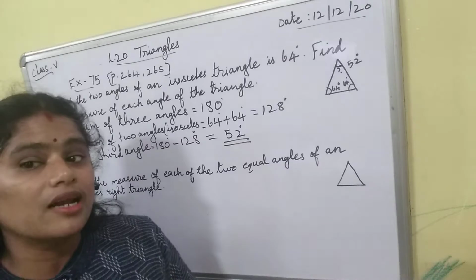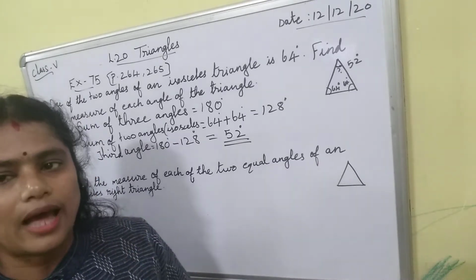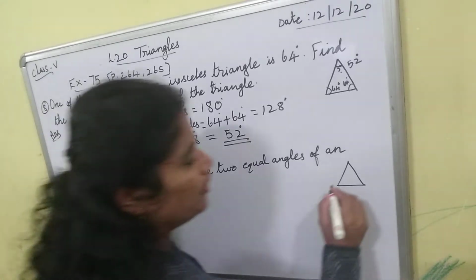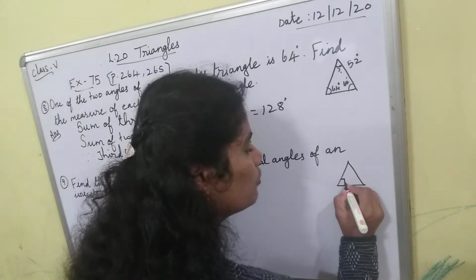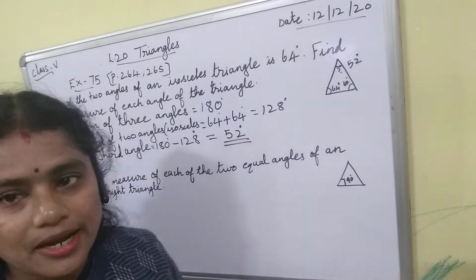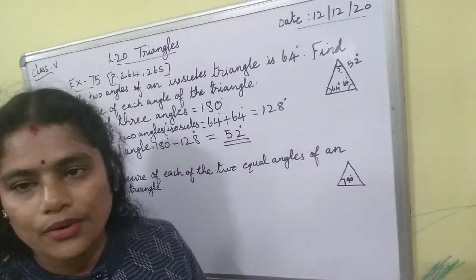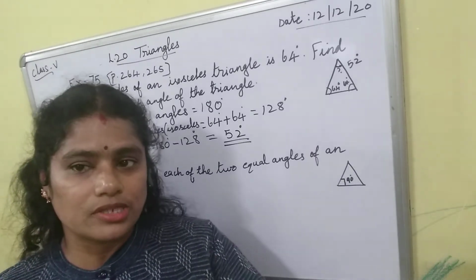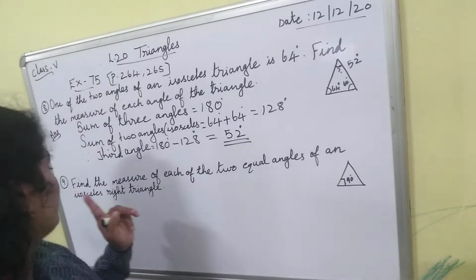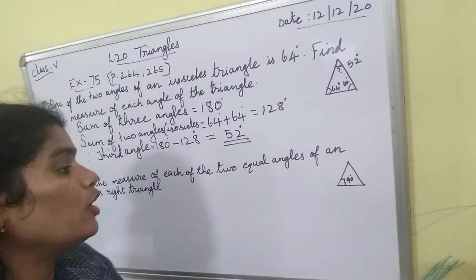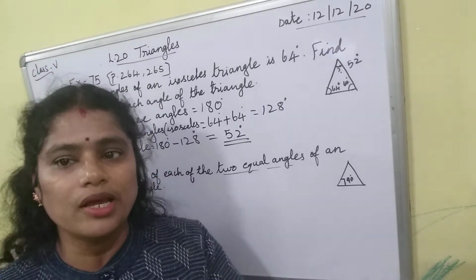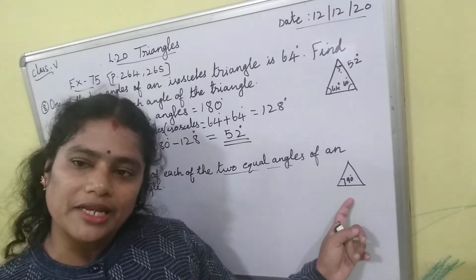We know what a right triangle is. The triangle in which one angle measures 90 degrees is called a right triangle. So here one angle we know equal to 90 degrees. Right angle means 90 degrees. Okay. Then the question is, find the measure of each of the two equal angles of an isosceles triangle. Two should be equal. One we got is 90.